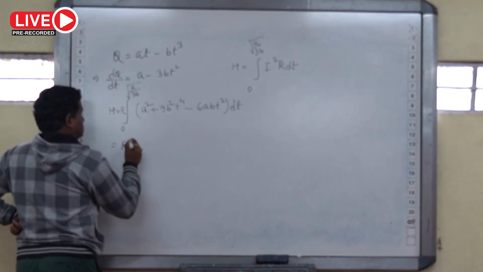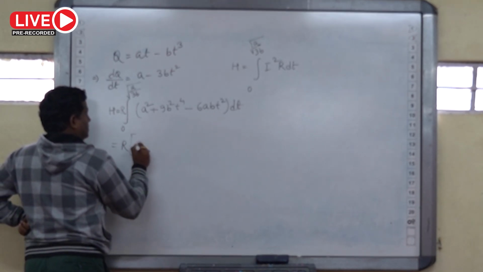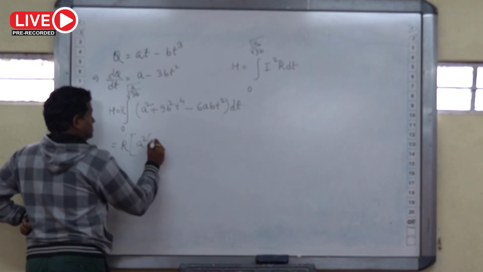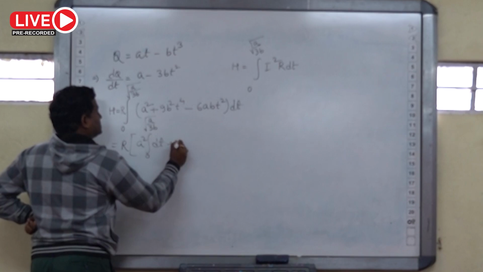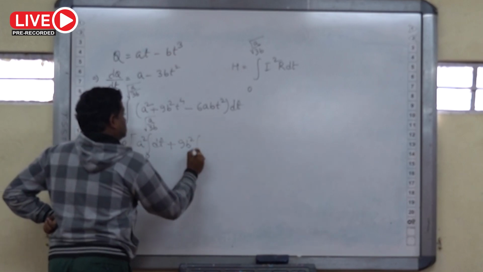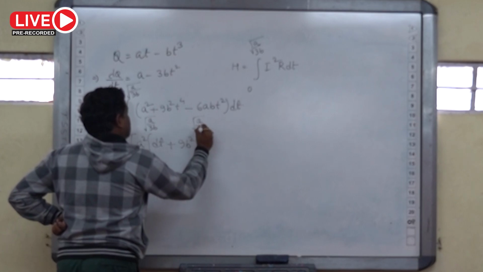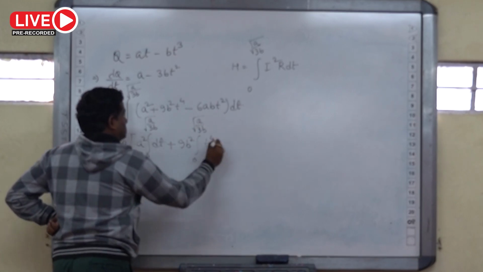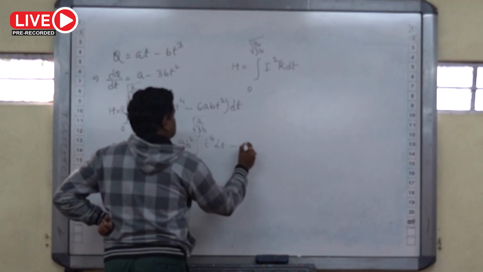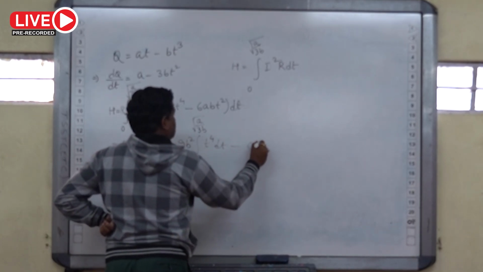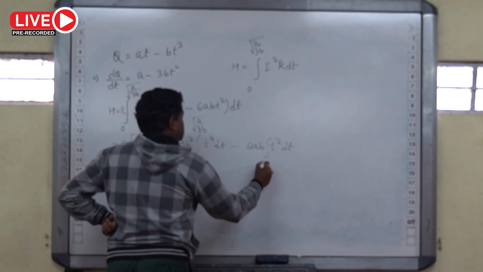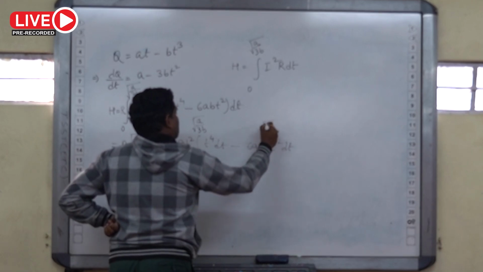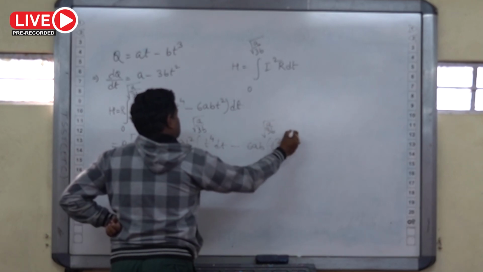Now, the first integral will be A square integral dt from 0 to root over of A by 3B. Next one is plus 9B square integral from 0 to root over of A by 3B of t4 dt, minus 6AB integral of t square dt from 0 to root over of A by 3B.